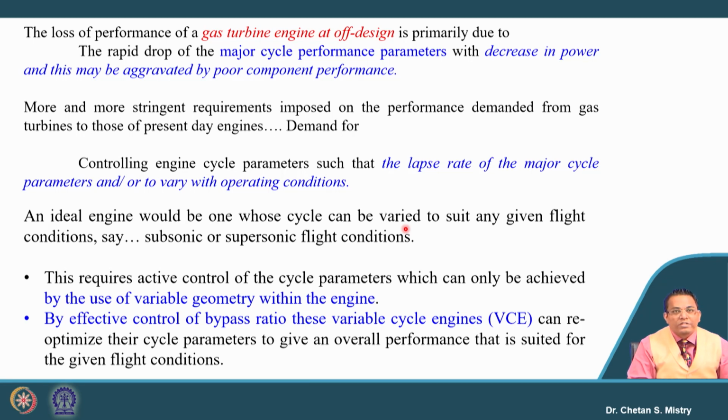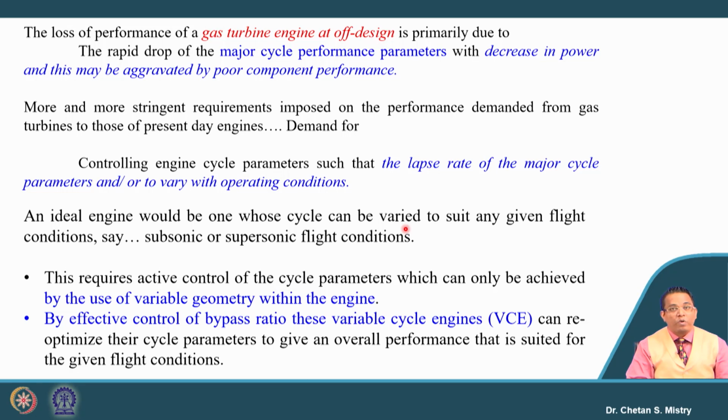Is it possible to control the cycle parameters? The answer is yes. That's what is called a variable cycle engine. It can optimize the cycle parameters in order to meet a special overall performance that is required for specific flight conditions.